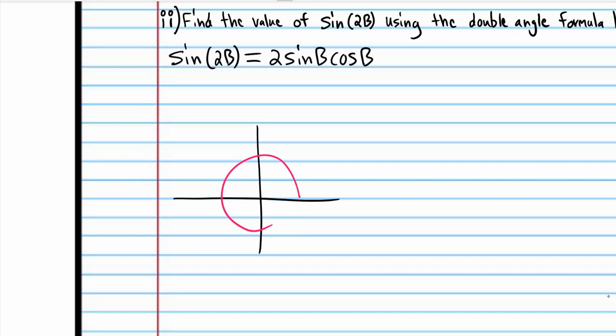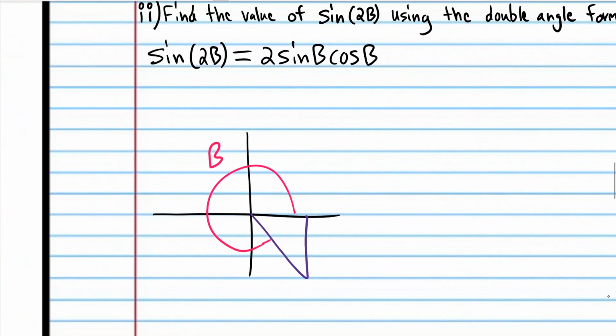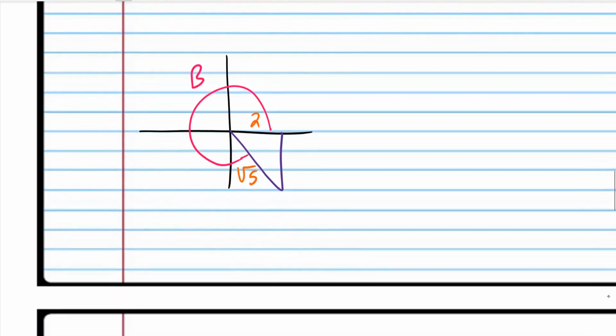So we'll draw a hypothetical triangle. And we're told that cosine b is 2 over root 5. So of course we're going to use the Pythagorean theorem to help us find the missing side.